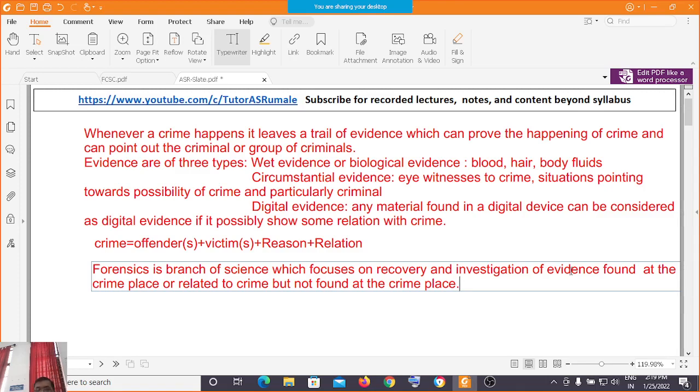So what is digital forensics? I think you got this very clear.